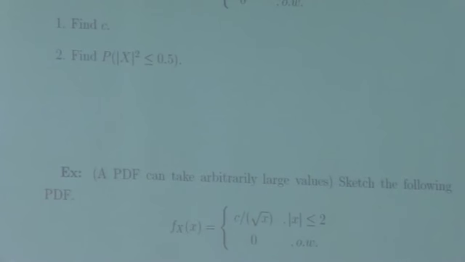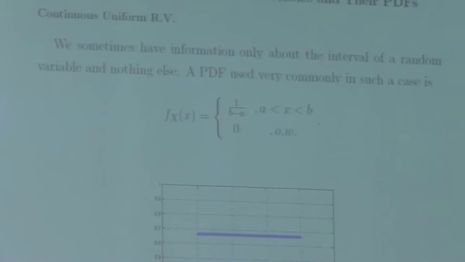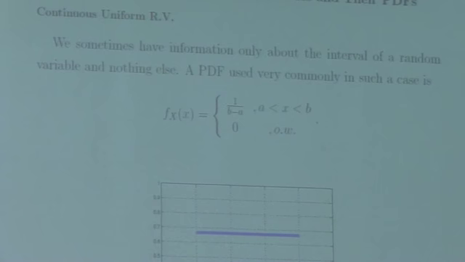This was the example with a typo, which is still not fixed here, where the density took infinite values.